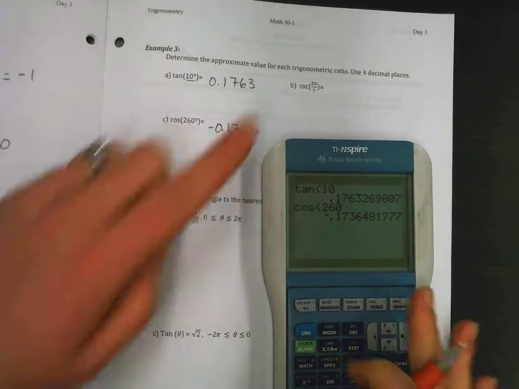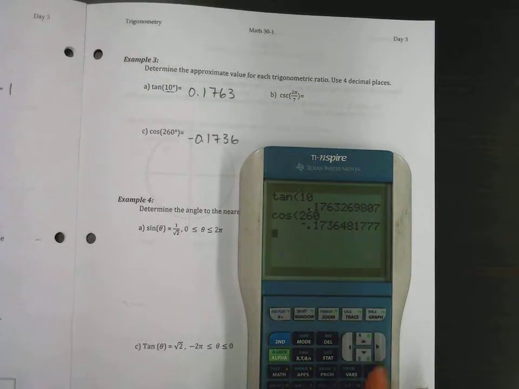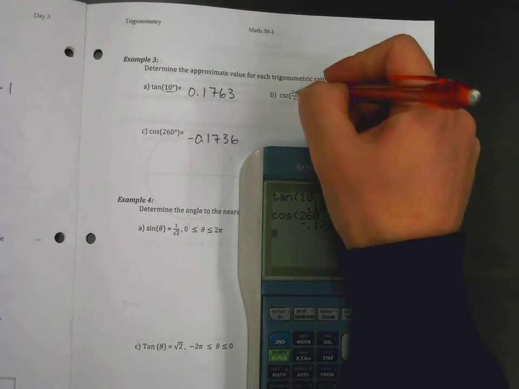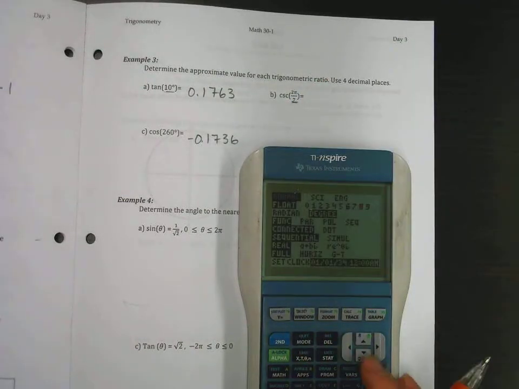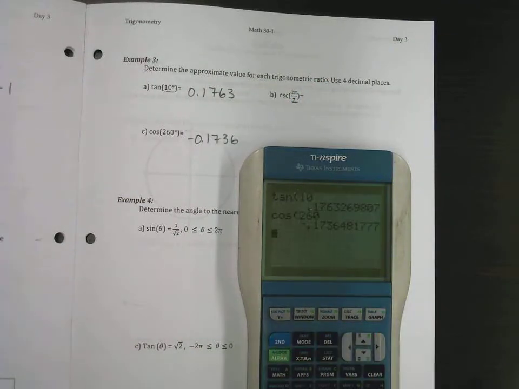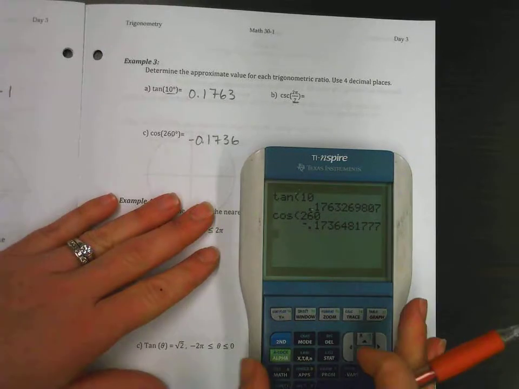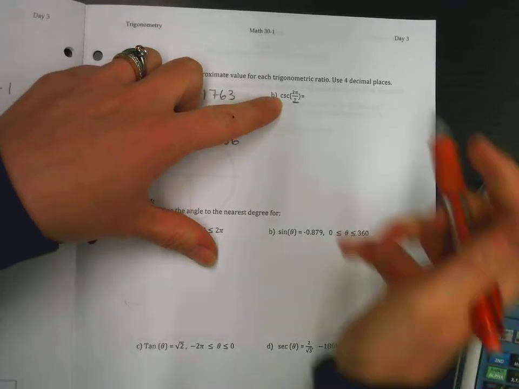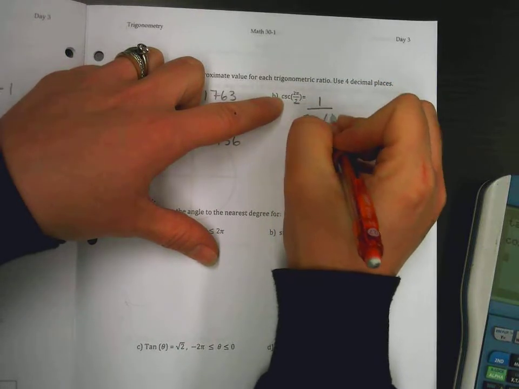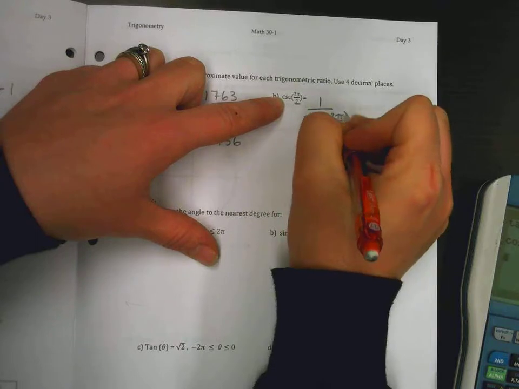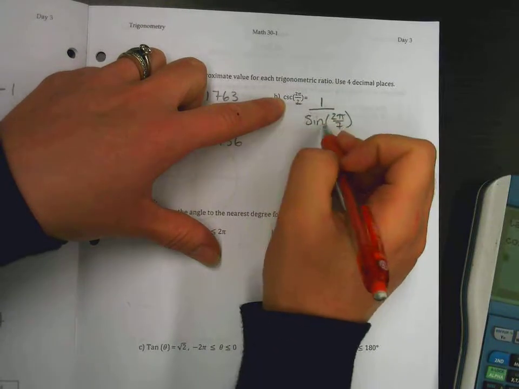Okay, what about cosecant of 2 pi over 7? Because you're working in radians, you need to change your calculator to radian mode. Cosecant is also not an option on your calculator, so you have to do the reciprocal of sine. So technically this is the reciprocal of sine of 2 pi over 7. You're reciprocating this entire value.